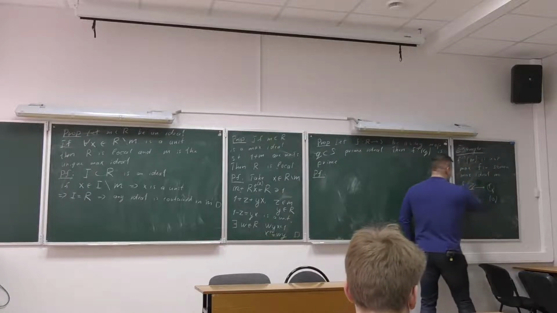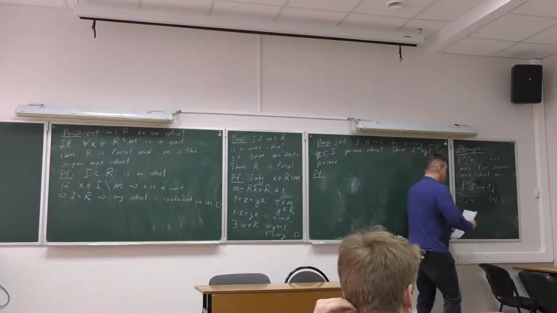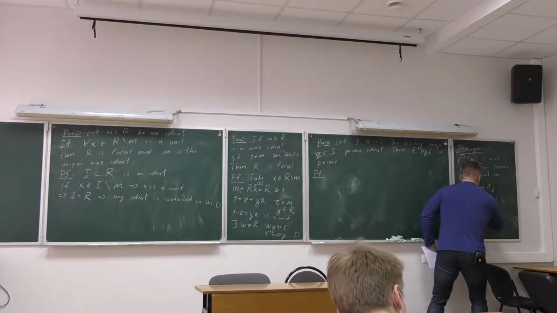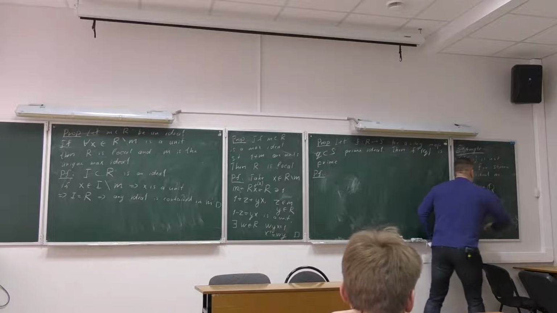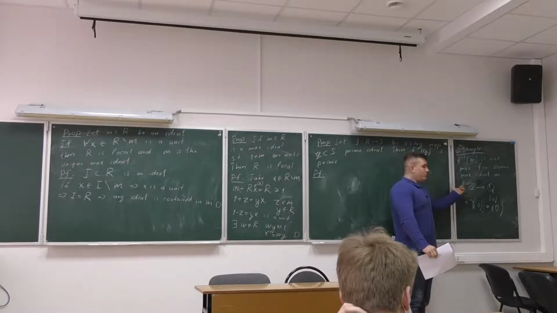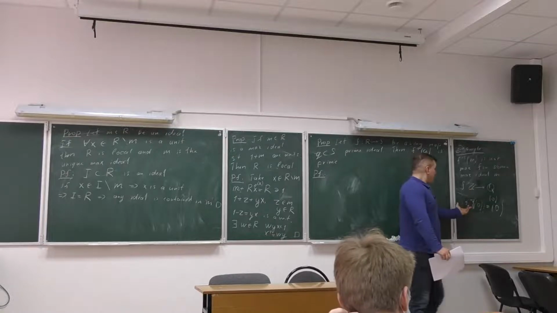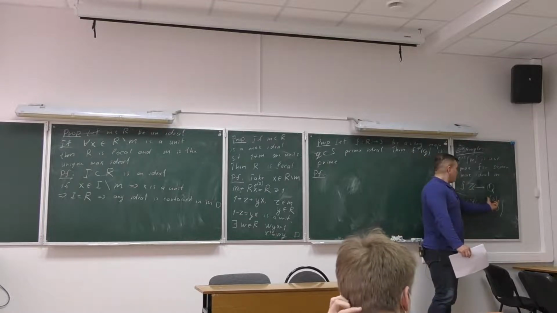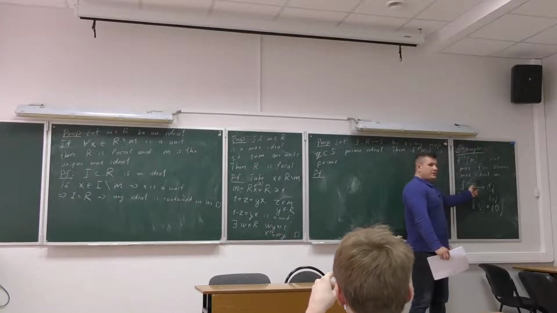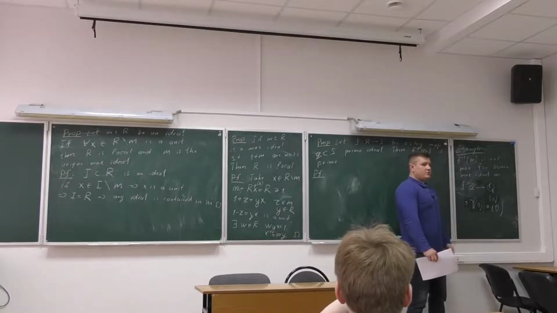Well, because this is just an embedding, right? In general, the preimage of the zero ideal would be the kernel of this map, but in this case there is no kernel because it's an embedding. So here, the zero ideal is a maximal ideal, but in Z, the zero ideal is definitely prime, but it's not maximal because the quotient by this ideal is not a field, but just a domain Z.